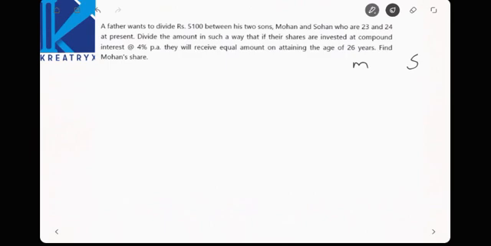Now Mohan is 23, so he has to invest for how many years? 3 years. Now m into 1 plus 4% interest rate, he invested for how many years? 3 years, because up to 26 years means Mohan has to invest for 3 years, and that must be equal to, they will receive equal amount.